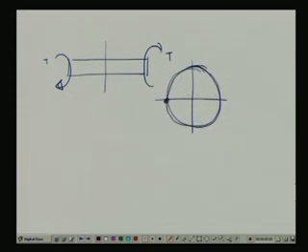This is the point where we get the value tau. So this is your sigma a, this is your sigma b, and what you get is sigma a equals tau equals minus sigma b.